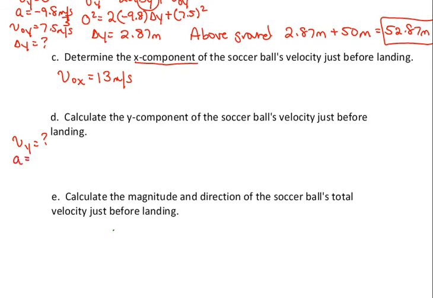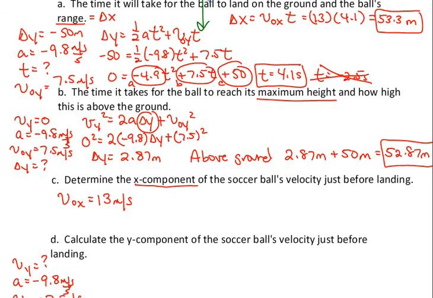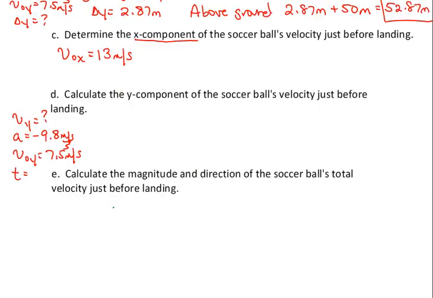So in the y direction, we're going to be looking for the final velocity, the velocity just before it lands. We've got the vertical acceleration. We've got the initial vertical velocity. And we do have the time. We know the time of flight from the time it was kicked until the time it landed, and that was a value that we had back from part A, and that was 4.1 seconds.